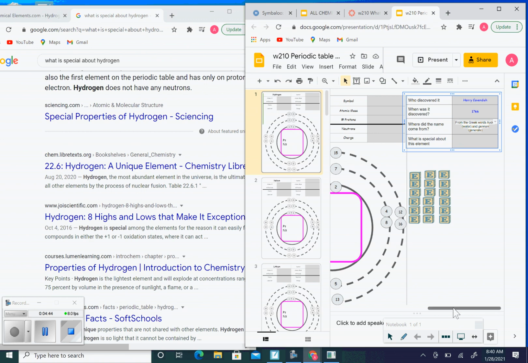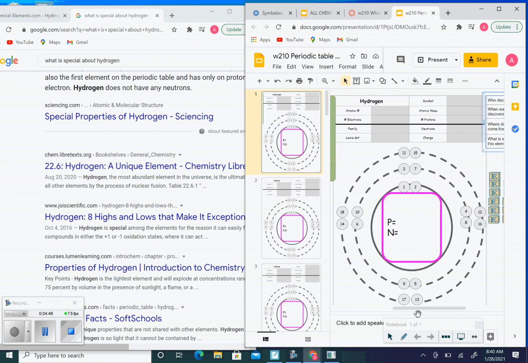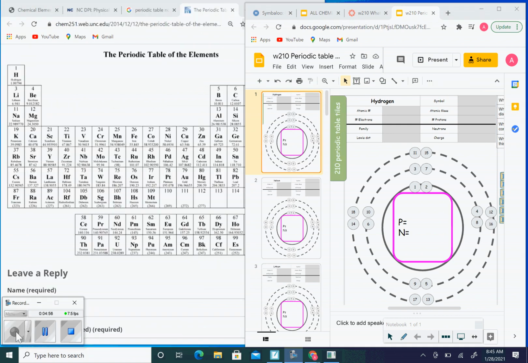Okay? Now, when you're done with all of those, you are going to go back over to the periodic table. So here is a periodic table of the elements. This is not exactly the same one you have, but they're all very, very similar. They all have the elements in the same order.